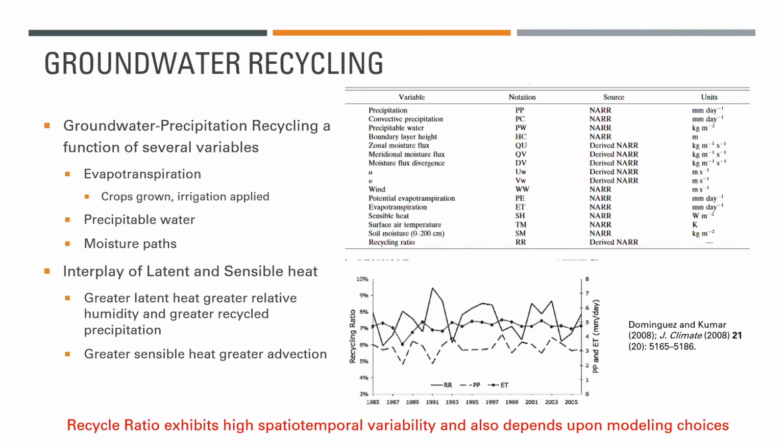So the thermodynamics kind of govern what that ratio would look like eventually, but the amount of ET, the crops grown, the type of irrigation we do, the amount of water we put into the atmosphere, as well as the moisture paths, which are your wind speed and wind profiles, all affect how groundwater interacts with the climate, and how groundwater pumping or lack thereof would affect your rainfall patterns.